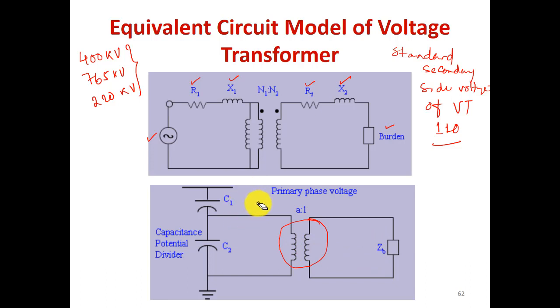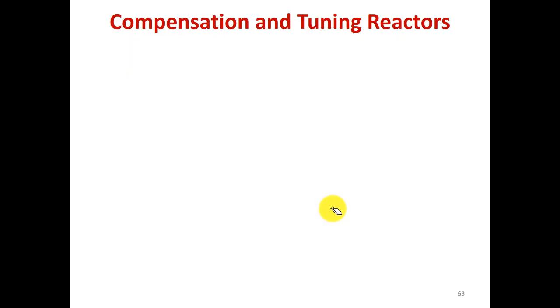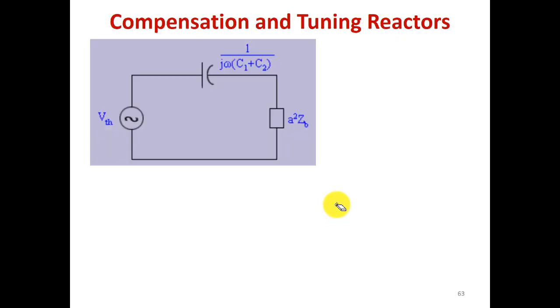Now, if we draw the equivalent circuit for this, how will it look? Let us see. The equivalent circuit for the capacitances which are used as potential divider, and the ideal VT. In case of an ideal transformer there is no resistance, and we are neglecting the leakage reactance.